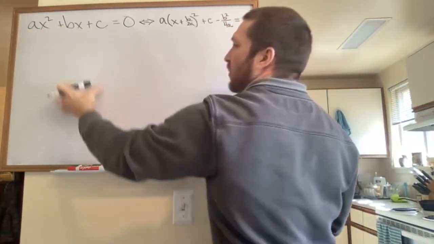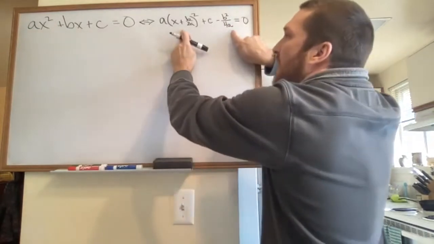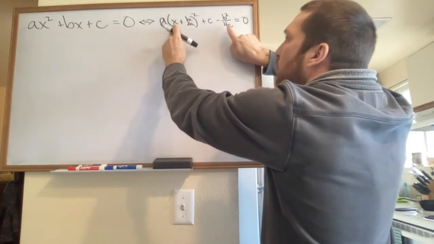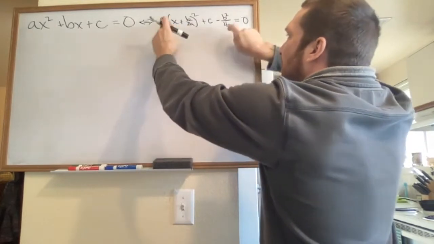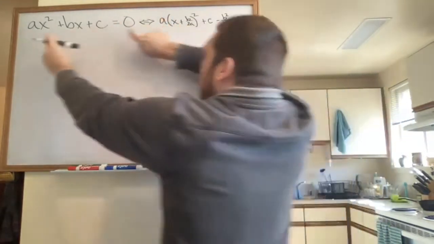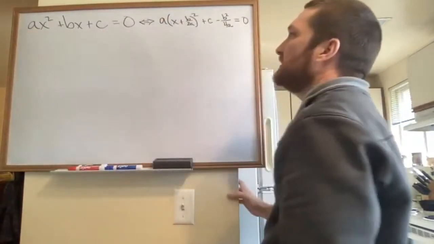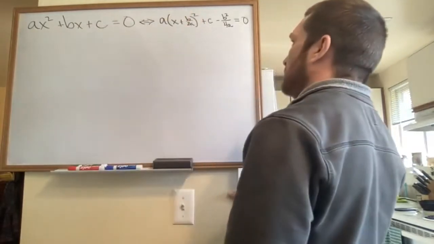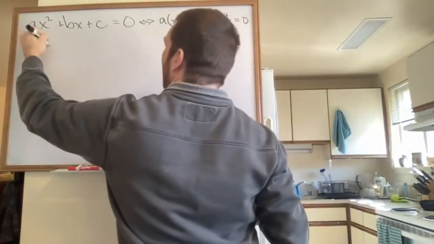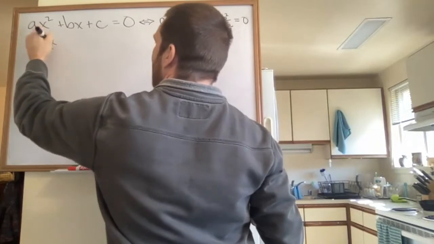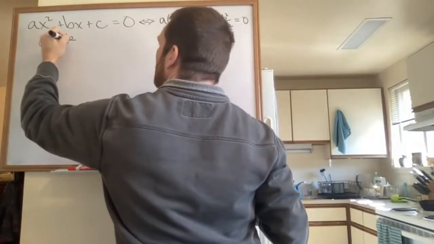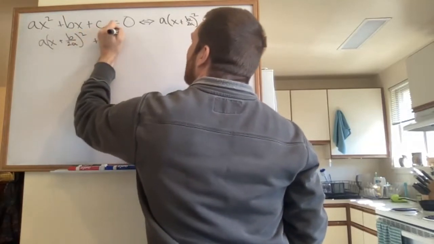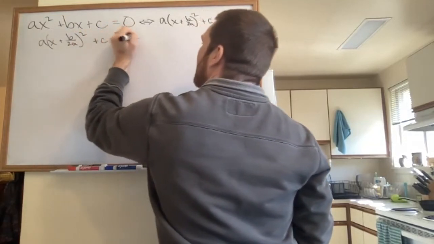So you really should believe that this is exactly the same thing as this. We derived it the hard way, but then we went back and checked it, right? We multiplied all this stuff out. And we saw that, yeah, when you multiply this stuff out, this thing is indeed equal to exactly ax squared plus bx plus c. So to solve this, we just need to solve this. That's what we're going to do. We're going to start with ax plus b over 2a quantity squared plus c minus b squared over 4a equals 0.